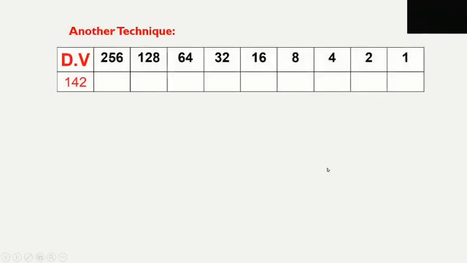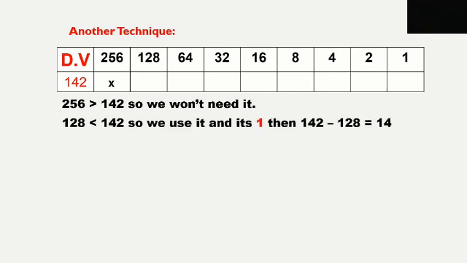Another technique is to memorize this table. 142 can be shown in this table. Since 256 is greater than 142, we won't need 256. And 128 is less than 142, so we can use the value and mark it as 1, meaning it is being used.